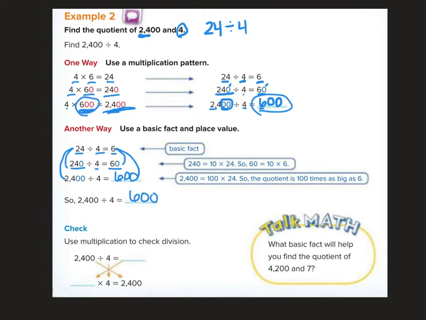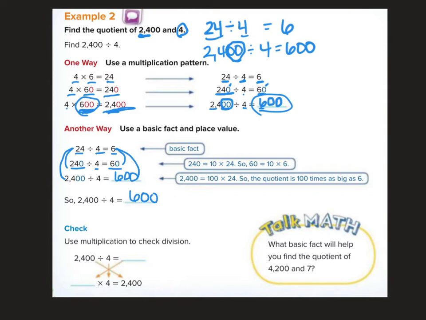Okay, here's my quick way I like to do it. Ready? So I do this, 24 divided by 4 equals 6. Okay, so then 2,400 divided by 4 is, I look at 2 zeros. So I do 6 with 2 zeros.